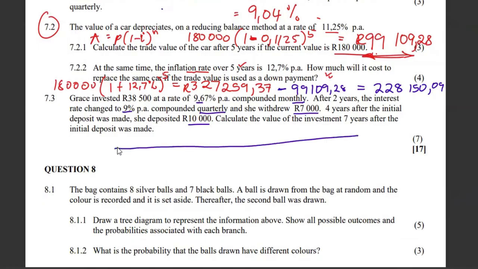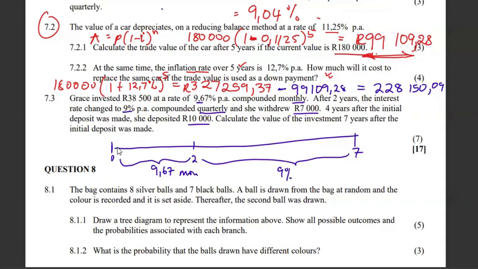So this is a timeline kind of scenario. Initially it's 0. And then after 2 years, between 0 and 2 years, we have 9.67%. And then from the 2 years up to the 7 years, the interest remains the same at 9%. This is monthly, this is quarterly.